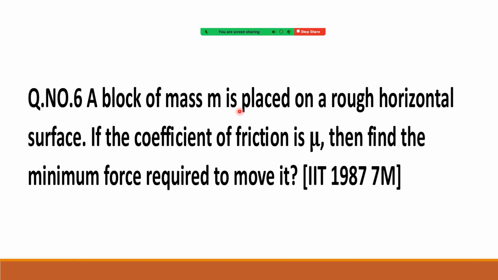A block of mass m is placed on a rough horizontal surface. If the coefficient of friction is mu, then find the minimum force required to move it. It is given rough and horizontal. We have to find the minimum force.